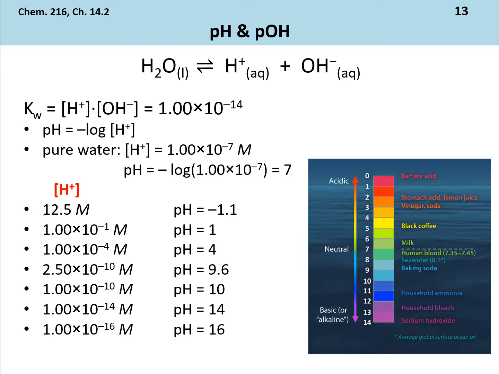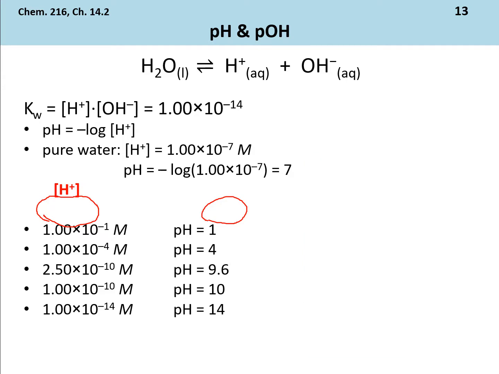The larger the concentration, like if we had 12.5, it would have a negative pH, right? Actually, let's go back and just think. Let's look at this scale. As my concentration gets smaller and smaller, my pH actually increases.